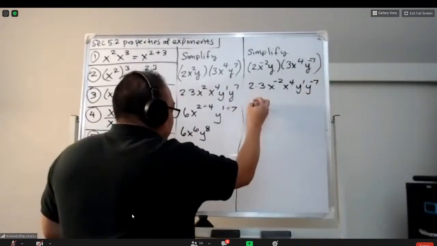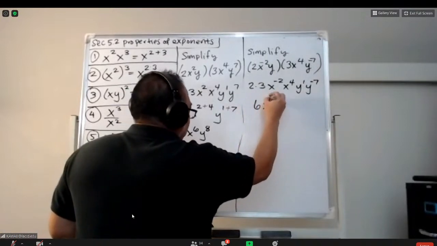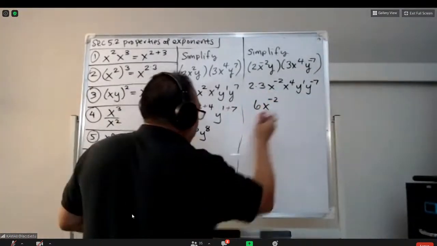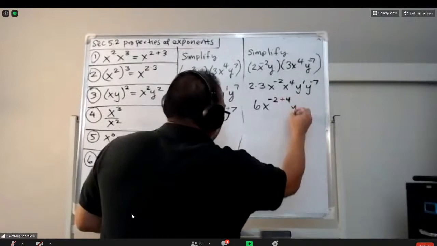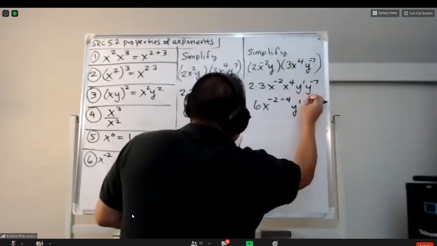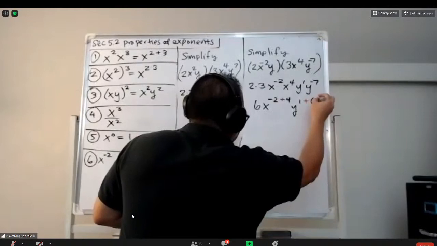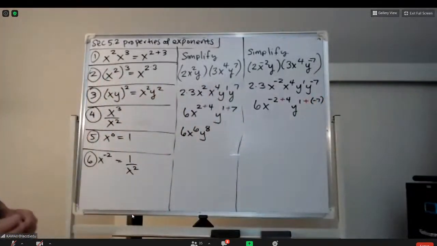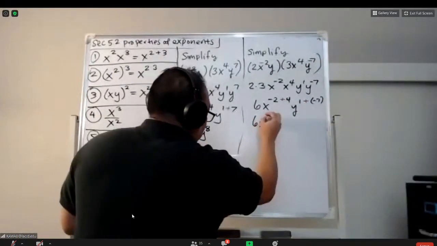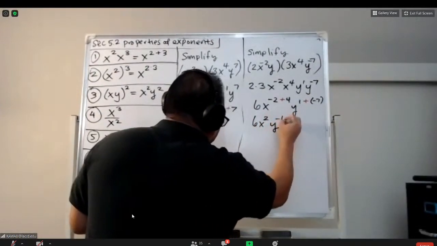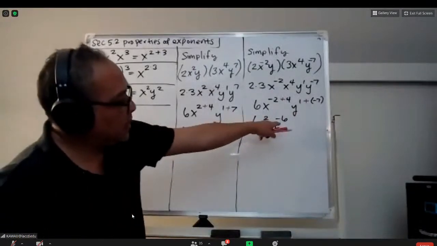So we're going to multiply this, and then we're going to do an addition. Negative 2 plus 4. And then y to the 1 plus negative 7. So now you'll get 6x squared y to the negative 6. Now remember, no negative exponents.